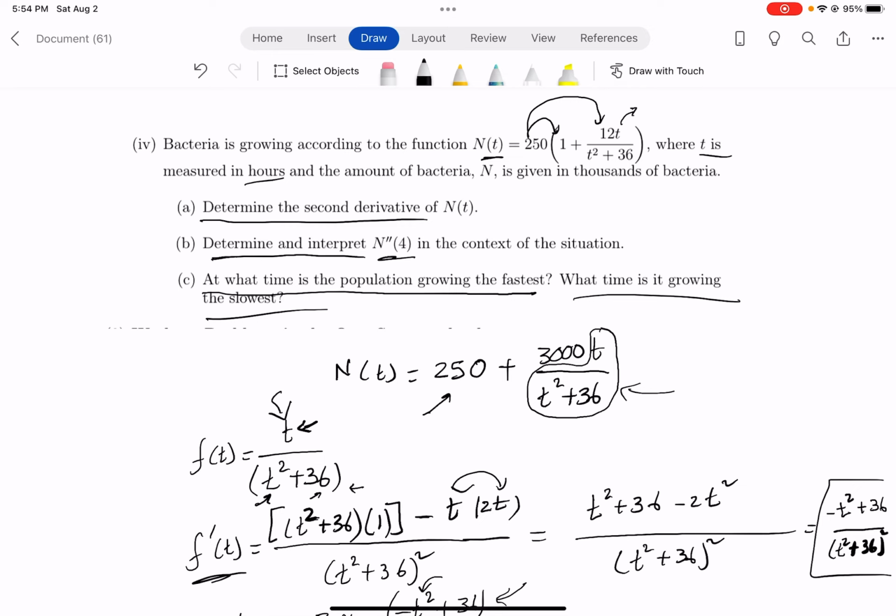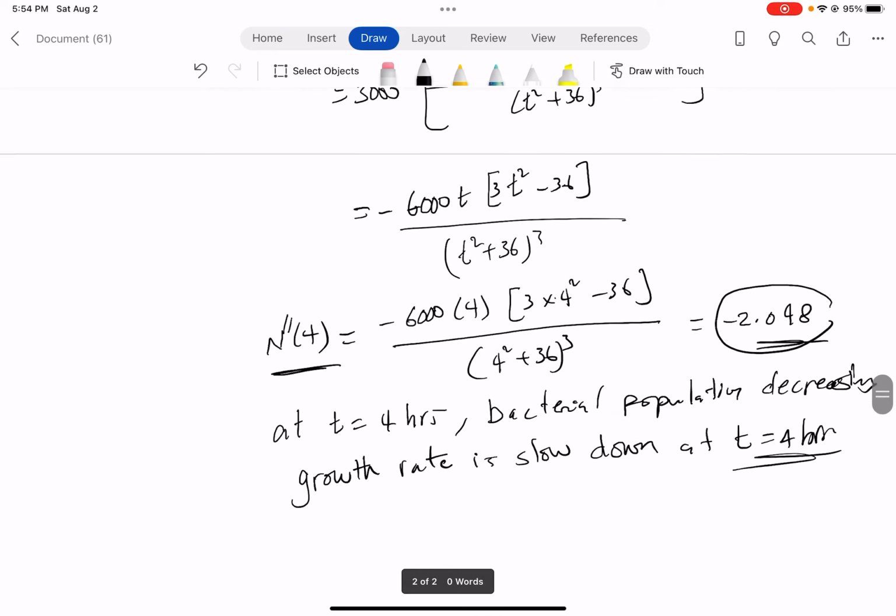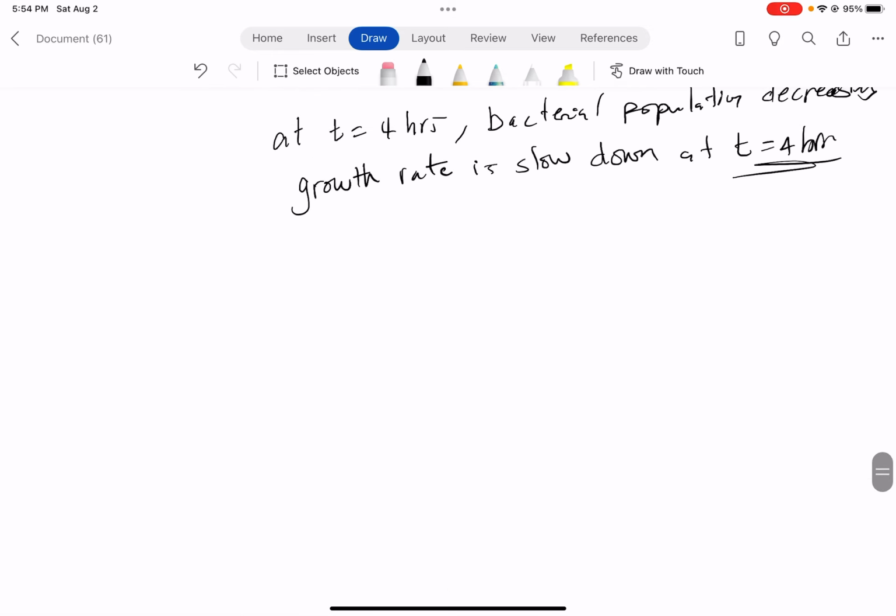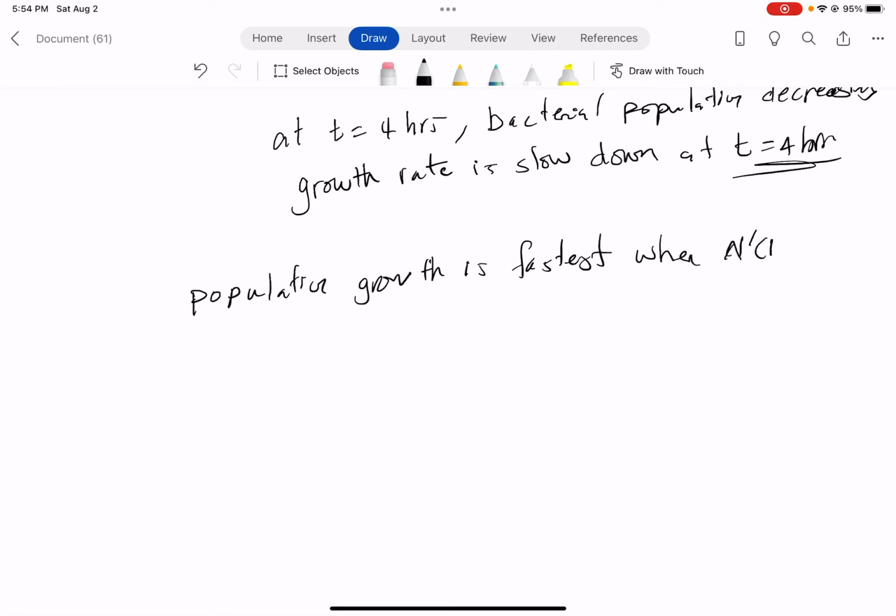Population growth is fastest when the n dash t is at max.